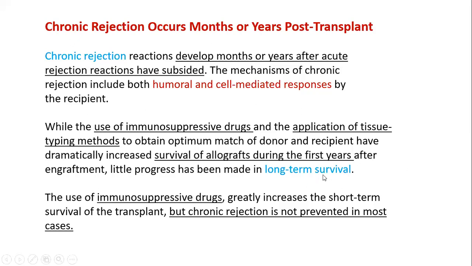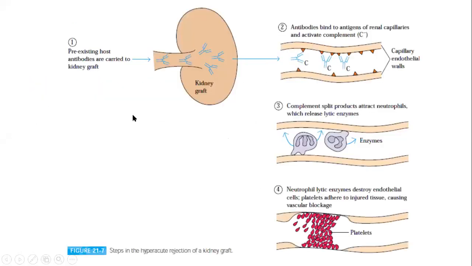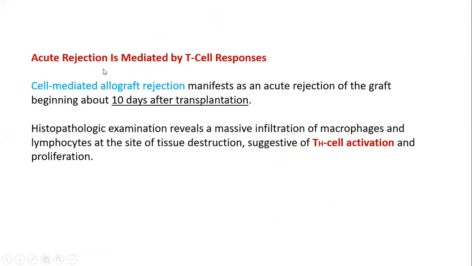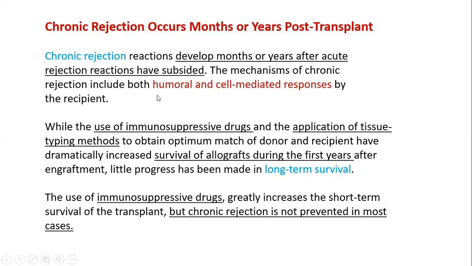For long-term survival of the graft, sometimes this immunosuppression will not work. At a certain stage, months or years later, the graft will be recognized again. The immune cells will recognize it and elicit an immune response to kill the graft. Okay? Those are the three types: chronic, acute, and hyperacute. Hyperacute involves alloantibodies, acute involves mainly the T helper cells, and chronic involves both humoral and cell-mediated responses, meaning antibodies and T cells.